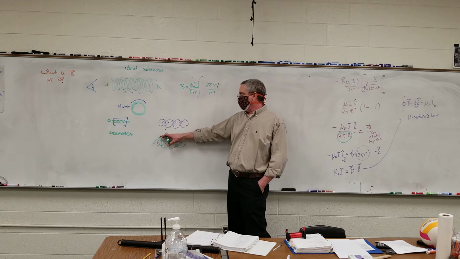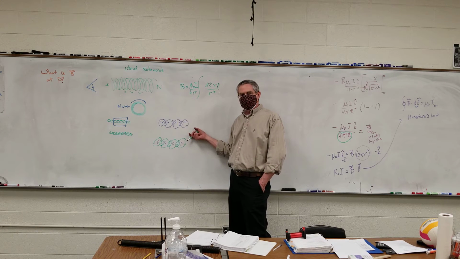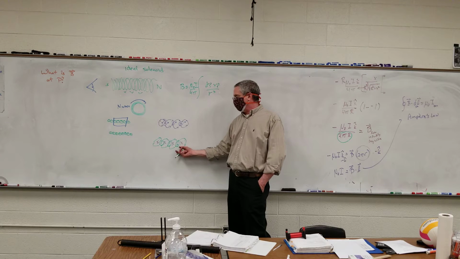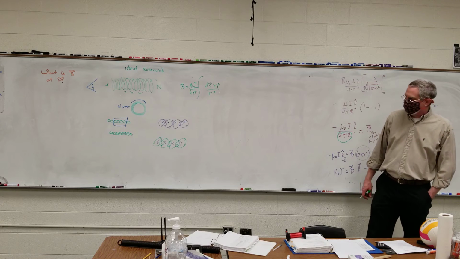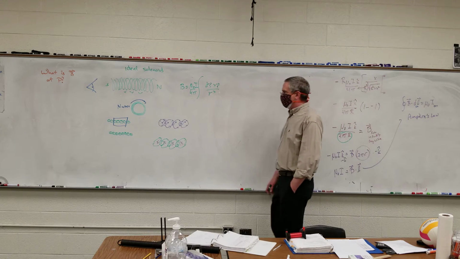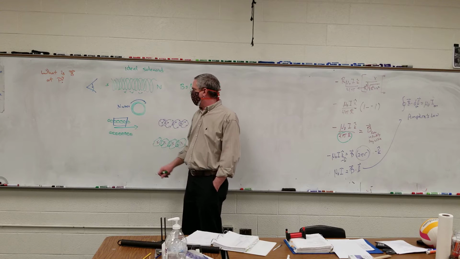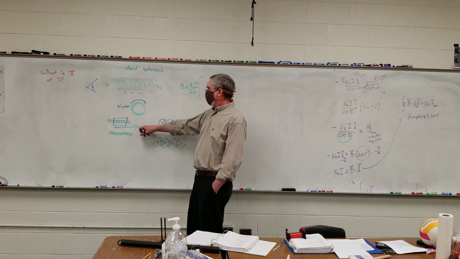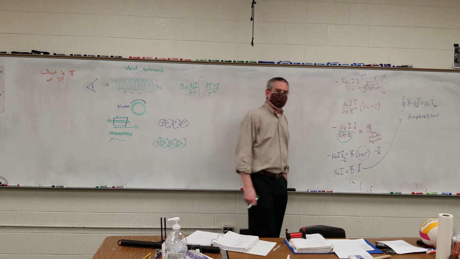On top here, or inside the solenoid, we have a magnetic field going in the exact same direction as it does from up here, and in the opposite direction down here. So it looks like in my solenoid, I have a magnetic field going to the right inside and going to the left on the outside. Classic magnet.